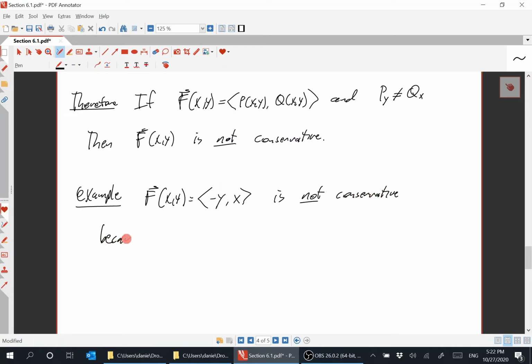Because the partial derivative with respect to y of this, P, is equal to -1. And the partial derivative with respect to x of this second, the Q, is equal to 1. And they're not equal. Right? So, not a conservative vector field.